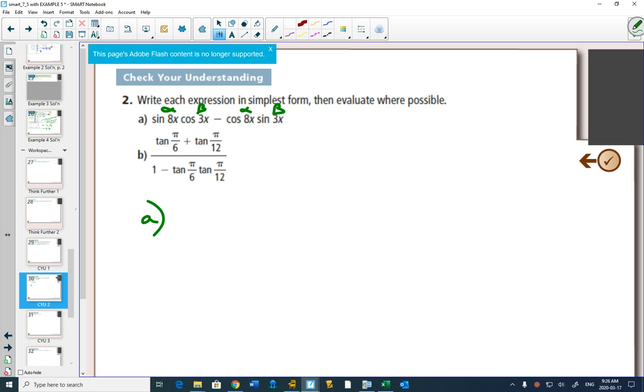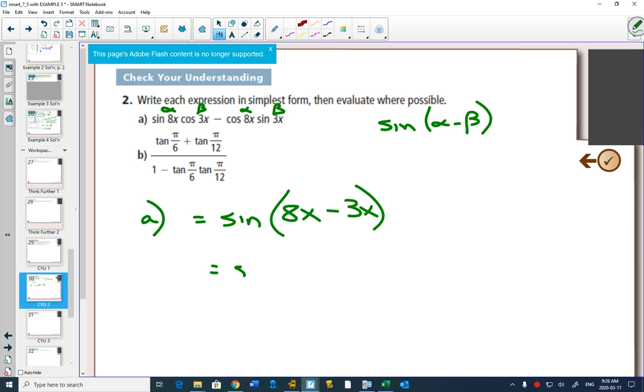Looks like it's on the formulas up there on the wall. It's the top one. It matches up with sine alpha minus beta. So in A, this is going to equal sine, my alpha is 8x, my beta is 3x. It simplifies to sine of 5x.